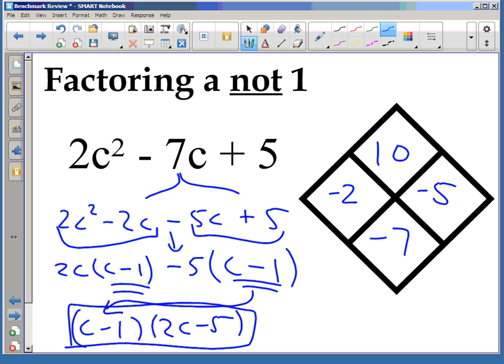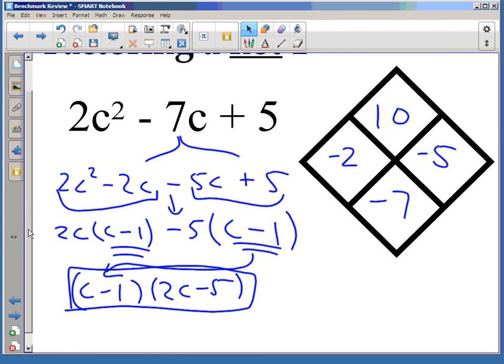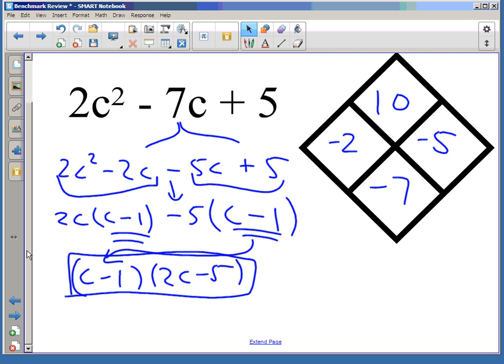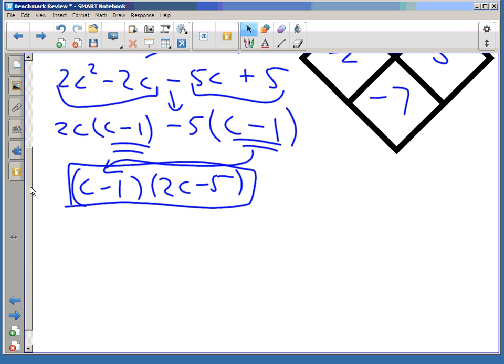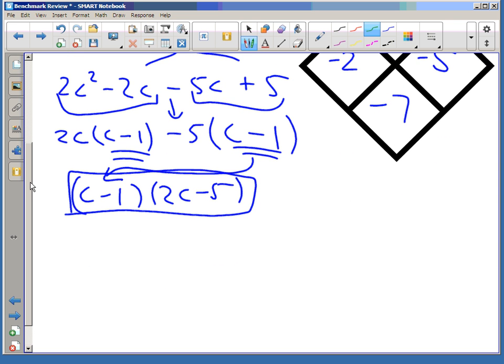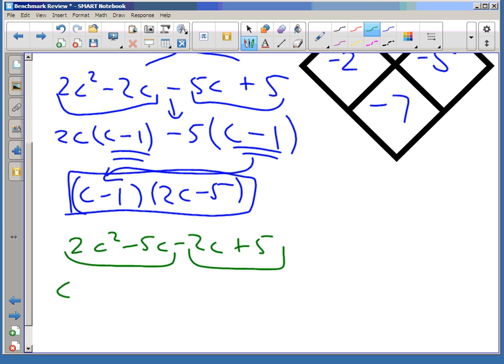Let me quickly show you that the order that I write these in won't matter. So I'm going to rewrite this one where I have 2c squared minus 5c minus 2c plus 5. And now I only have a c in the front, leaving 2c minus 5. Bring down the minus.